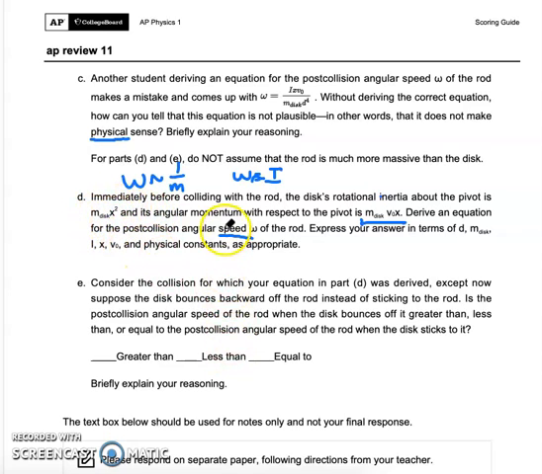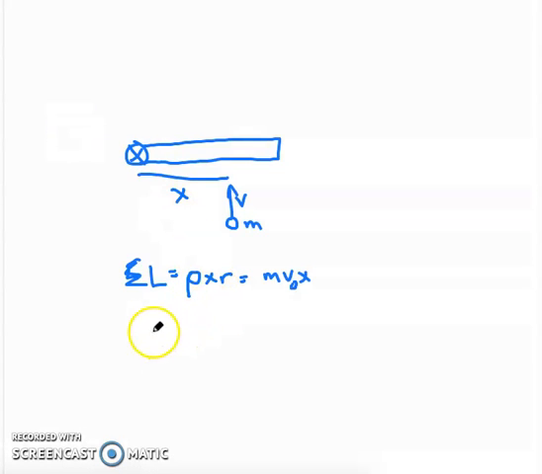This is just sliding, but since it's off axis, it has a moment relative to that pivot point. It also tells us that the rod itself just has a generic moment of I, so we don't need to know the special equation like 1/3 ml squared. So your derivation is pretty straightforward.